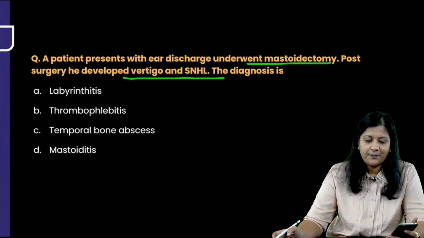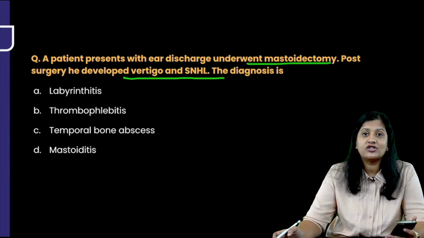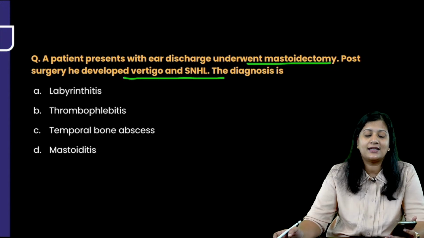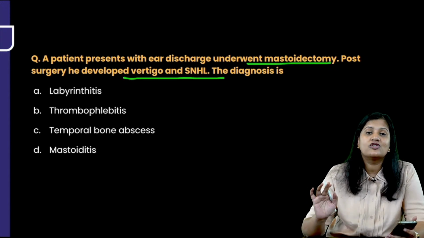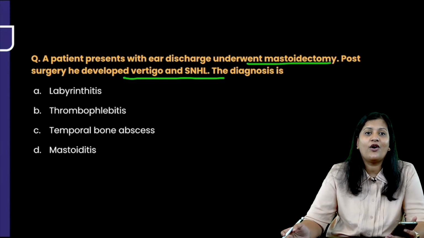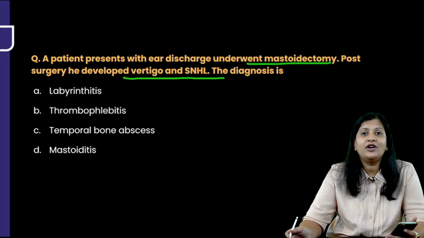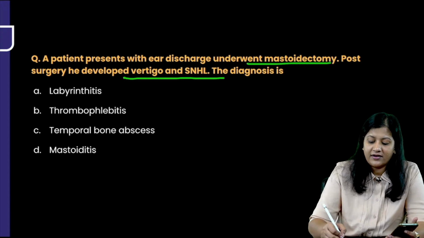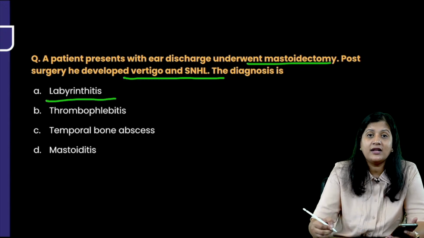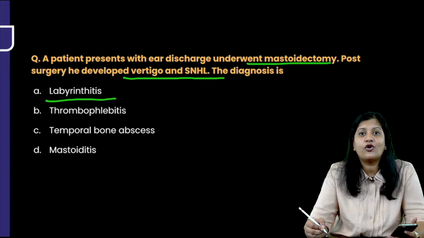Yeah, so a patient presented to you with ear discharge and underwent mastoidectomy. Post-operatively, he developed vertigo and sensory neural hearing loss. This is for sure a diagnosis of labyrinthitis. So when we talk of labyrinthitis, we will have vertigo and we will have sensory neural hearing loss. What is labyrinthitis? Inflammation of the labyrinth is called labyrinthitis.